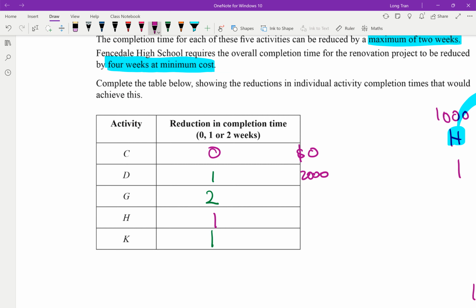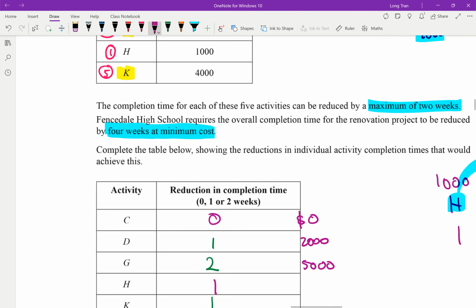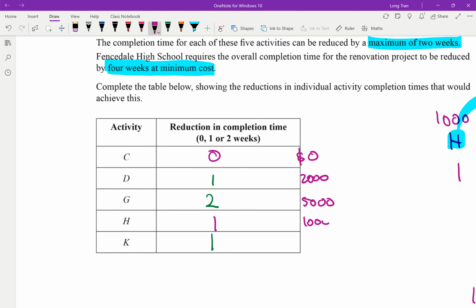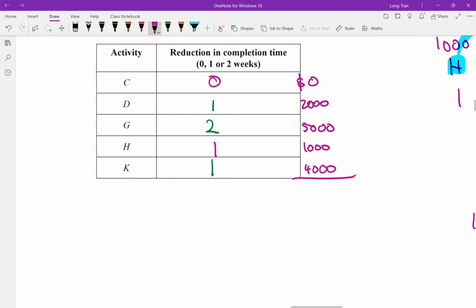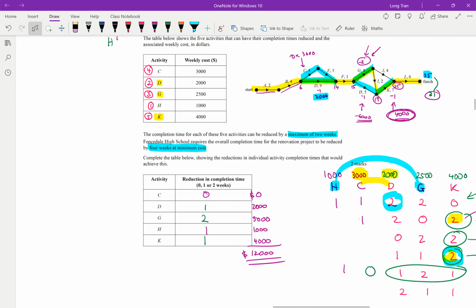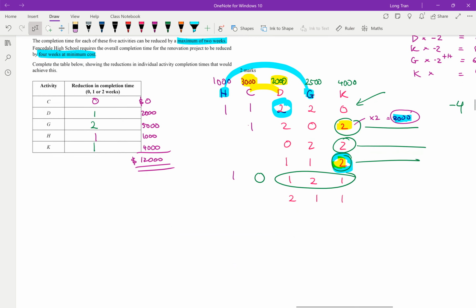G was 5,000 because I think it was 2,500 each. Yep. And then H is 1,000, and K was 4,000. And so that gives me a total of what? 7, 8 plus 4 is $12,000. So I reckon $12,000 is probably the best case scenario.